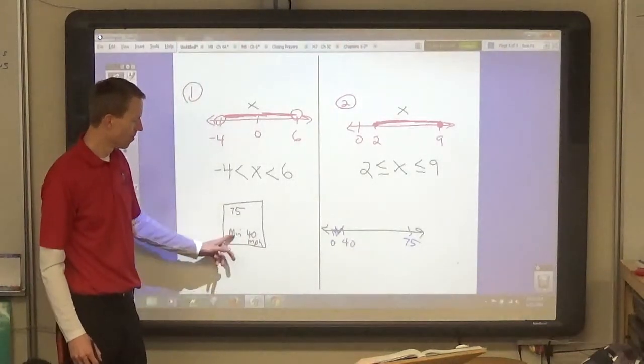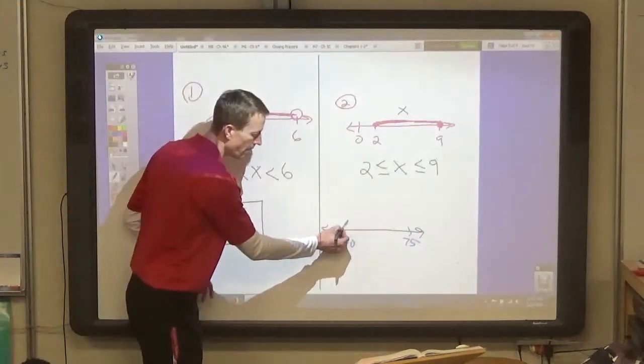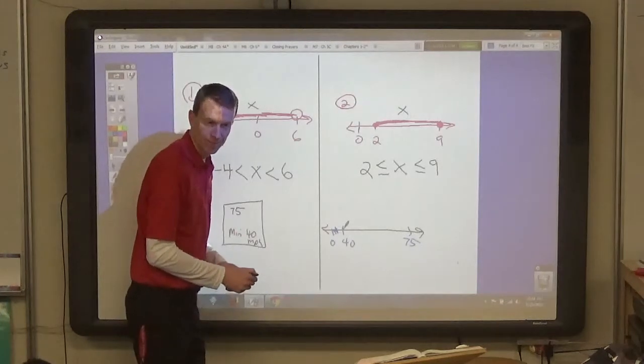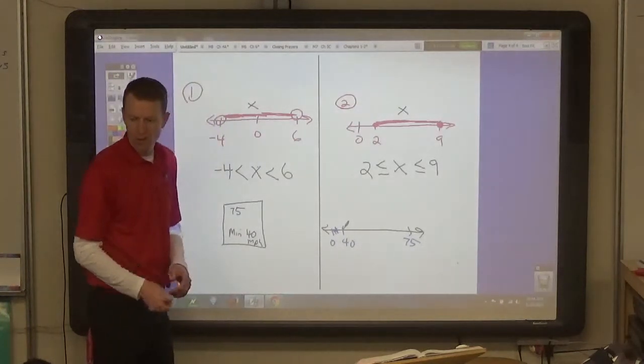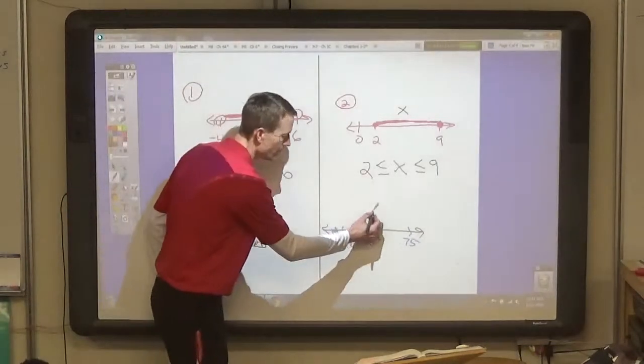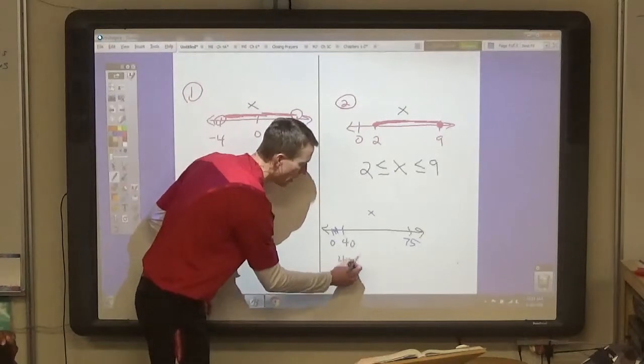So then, can you drive 40? Yes. So we need to mark this with a dot. 40 is less than or equal to x, x in the middle there. So what kind of dot do we need?